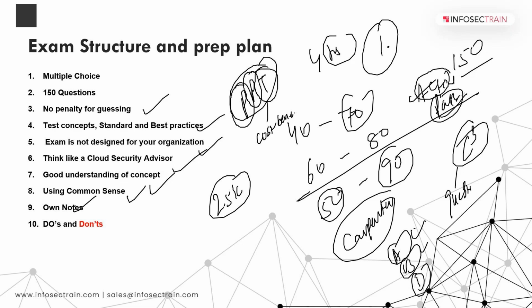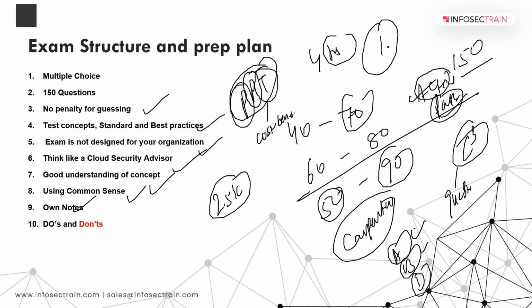Now the best method, as I clearly highlighted, is your hot topics. If you know the hot topics, what is testable, what topics are highly testable, close to 100% in the exam, you know the resources you need to follow. If you know the exam format, 150 questions in 4 hours, you just need to apply these approaches to achieve this exam.